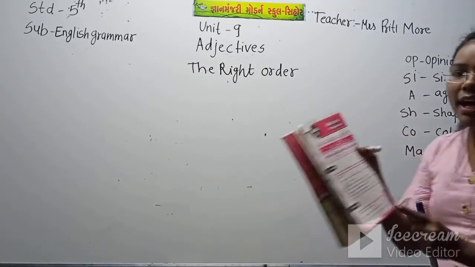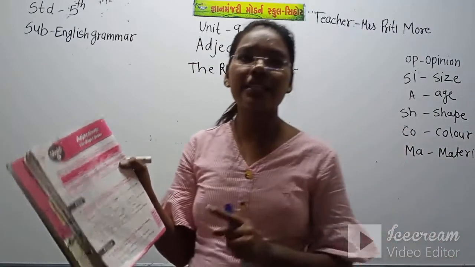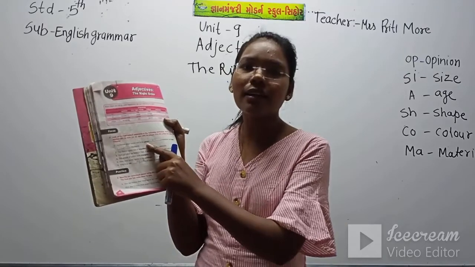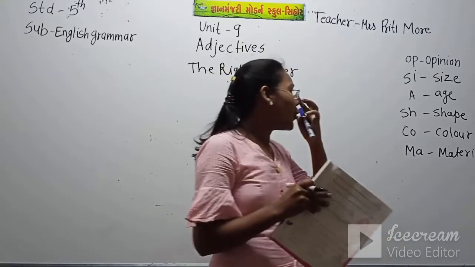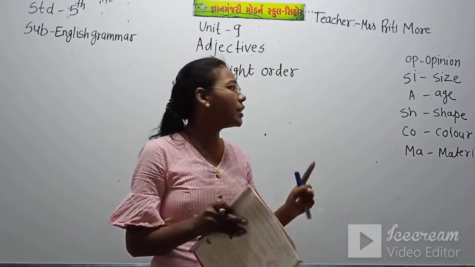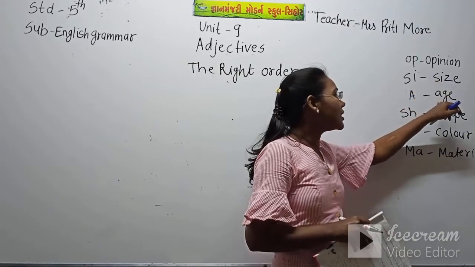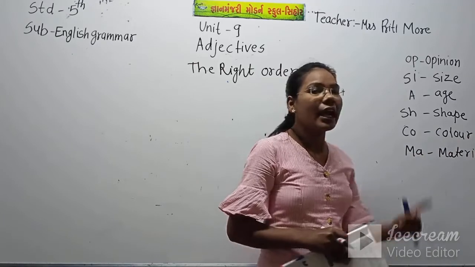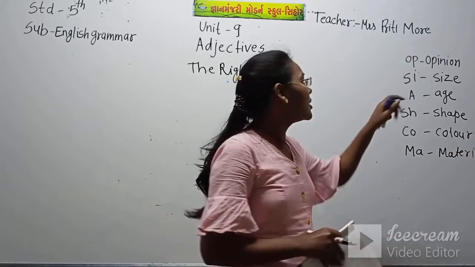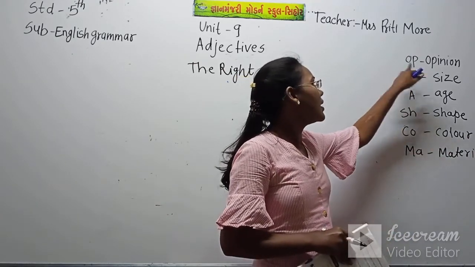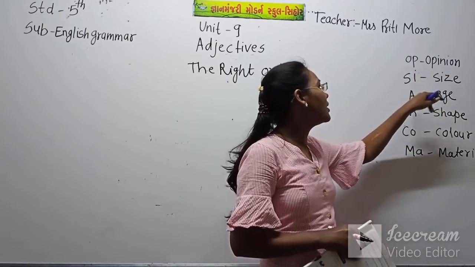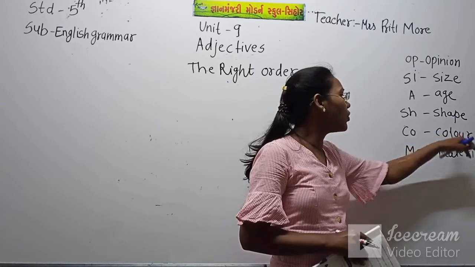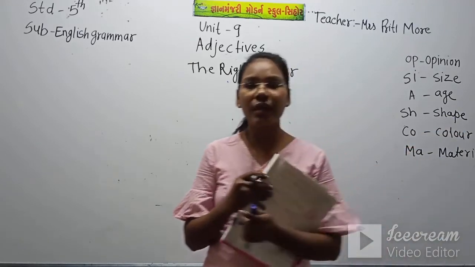If the sentences have highlighted adjectives in the dark color, we have to identify whether it is size, age, shape, color or material, and write SI for size, OP for opinion, A for age, SH for shape, CO for color, MA for material.